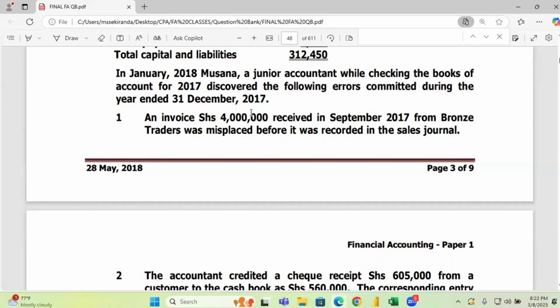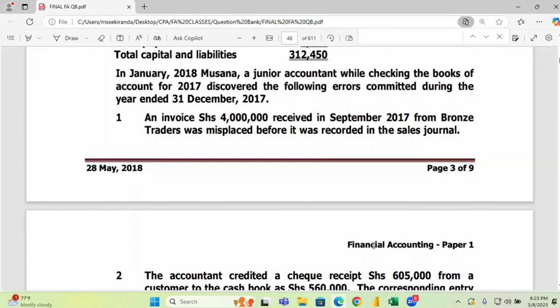The sales journal, all the journals feed into the ledgers. I'll not go into detail. I taught that. Okay? The journals feed into the ledgers. Now, what does it mean? If our sales journal is undercast, understated by 4 million, automatically the sales ledger and the receivables ledger will be understated by the same amount because the sales journal feeds into the sales ledger and the receivables ledger.